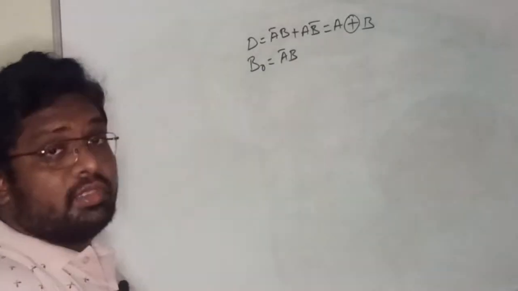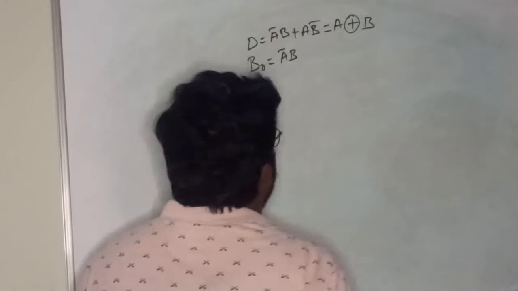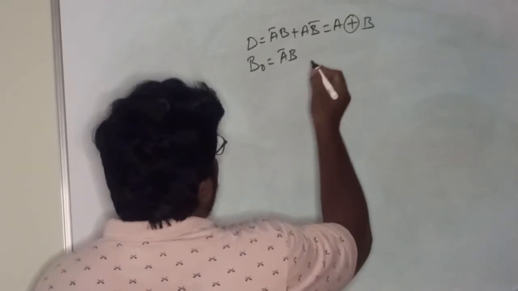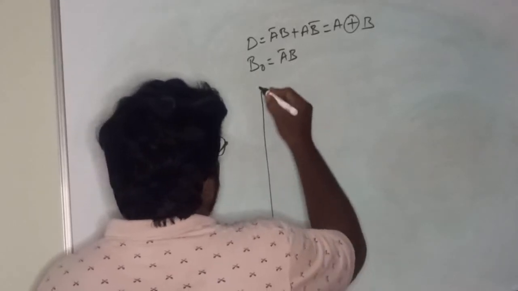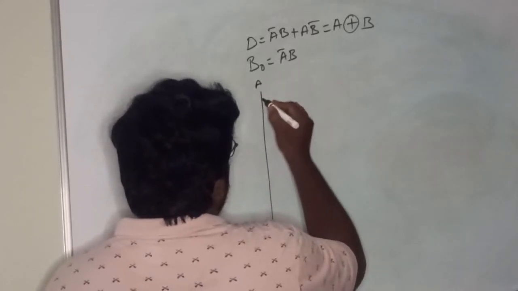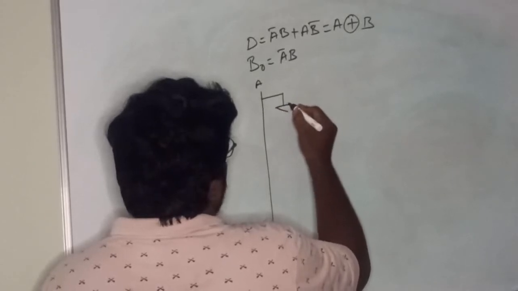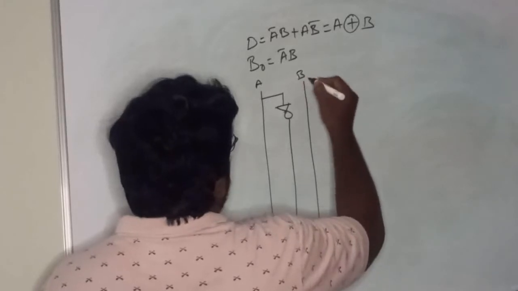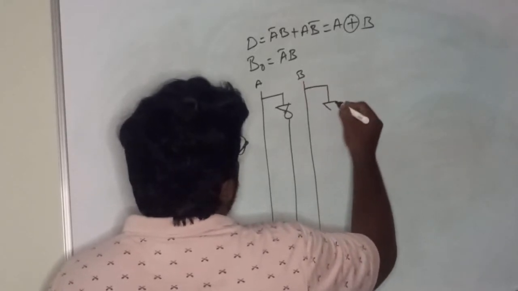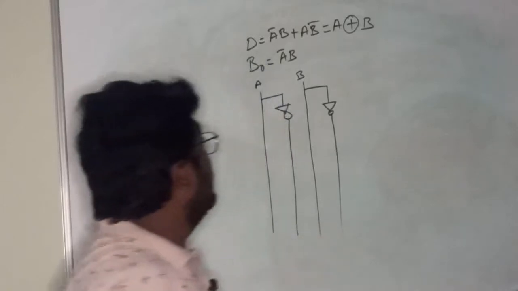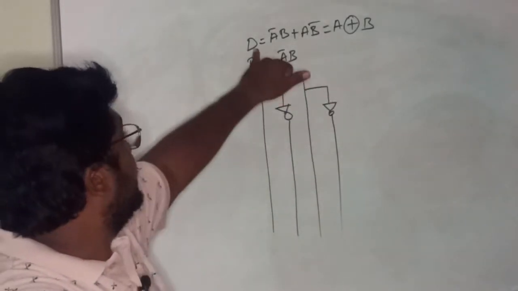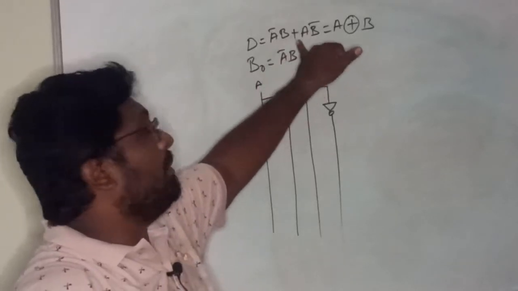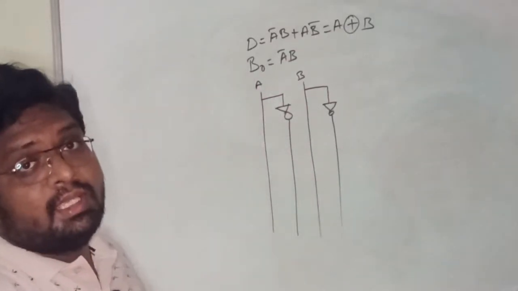Now by using the basic logic gates, let us draw the circuit. Here I have two inputs, input A, which will give A complement, and input B, which will give B complement, right? For the difference D, I have A complement B plus A B complement, two product terms combined with a sum term.